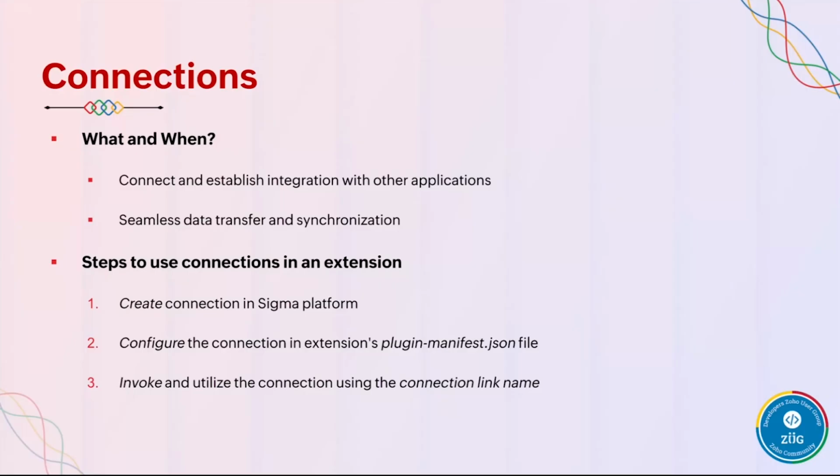Once that is done, the third step is invoking and utilizing the configured connection as part of your extension functionalities. Now let me take you to the Sigma platform and practically demonstrate how you can create this connection.